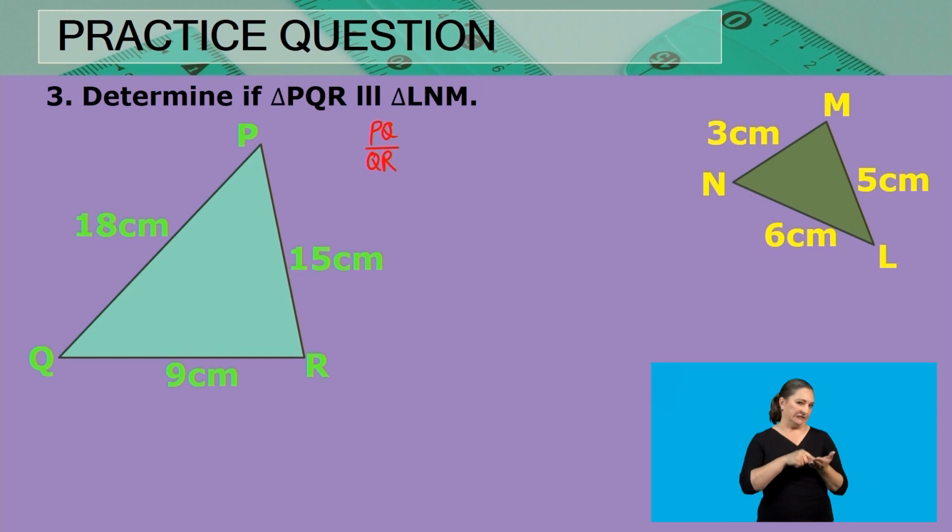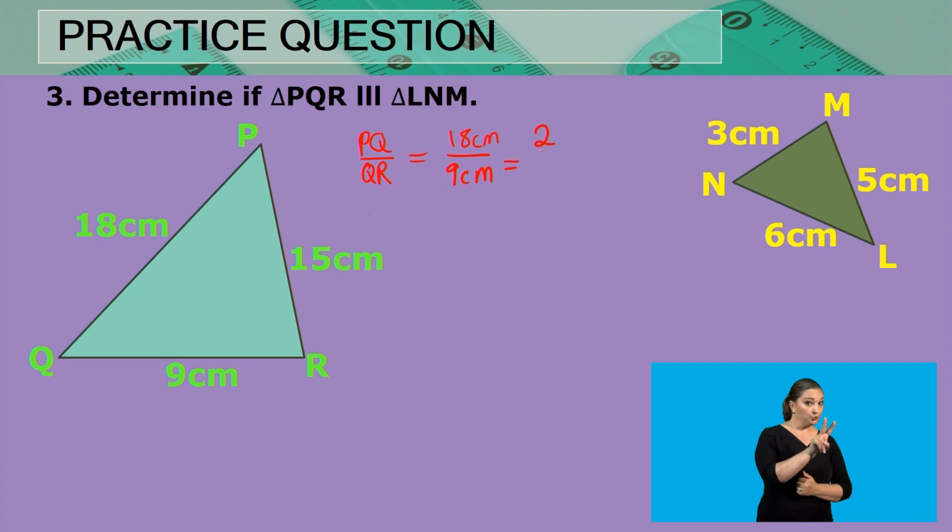So let's first calculate what this ratio will be. PQ has been given as 18 centimeters and QR has been given as 9 centimeters. Now what is 18 centimeters divided by 9 centimeters? This will give us 2 divided by 1, and those are the sides for the triangle on the left hand side.